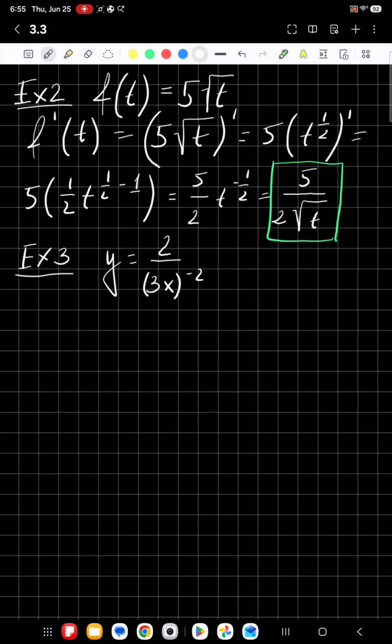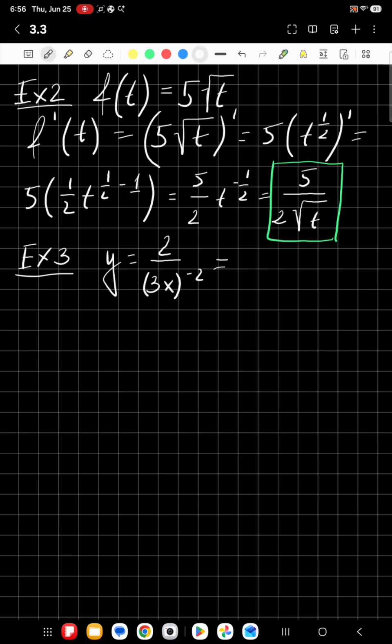So before we take a derivative, let's simplify it. So that negative 2 in the denominator applies to both, to 3 and to x. And also, if I have a negative exponent in the denominator, that's going to make this whole expression go to the top. Just like if I have a negative exponent in the numerator, that makes the whole expression go to the bottom.